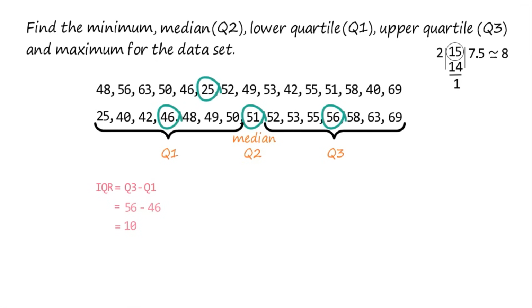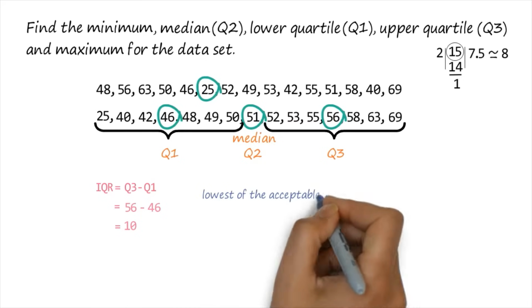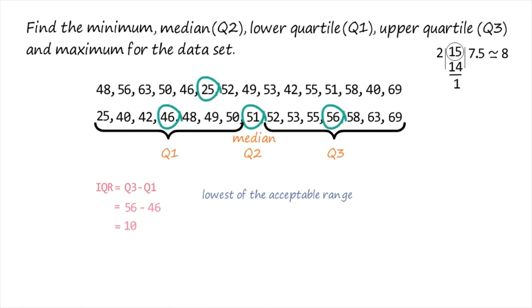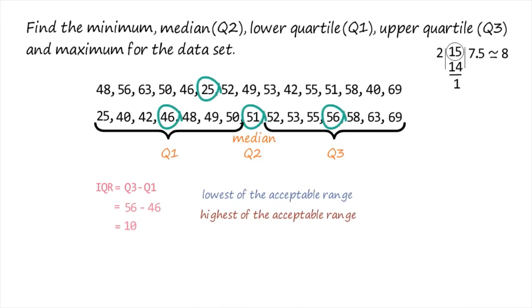After calculating IQR, there will be two important points. First, we have to find the lowest of the acceptable range, and then the highest of the acceptable range. Now try to understand why we are talking about range. After calculating IQR, we are actually going to find the outliers.